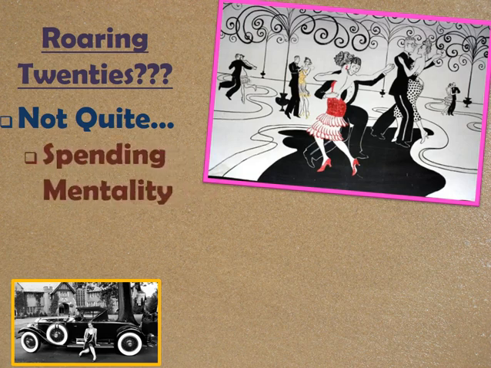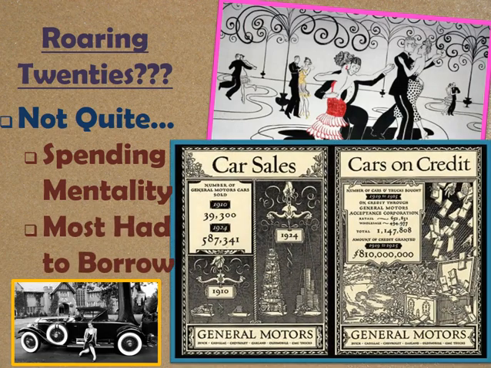By the end of the 1920s, everybody has developed this idea of consumerism, this idea of a spending mentality, the idea that we have to buy more and more things, buy these new manufactured goods that are being produced in the factories, get the newest, latest and greatest in clothing, get the latest craze of everything, which, yes, things were better than during the war, and certainly many people had a lot more money than they had before. But that also means people want to buy stuff.